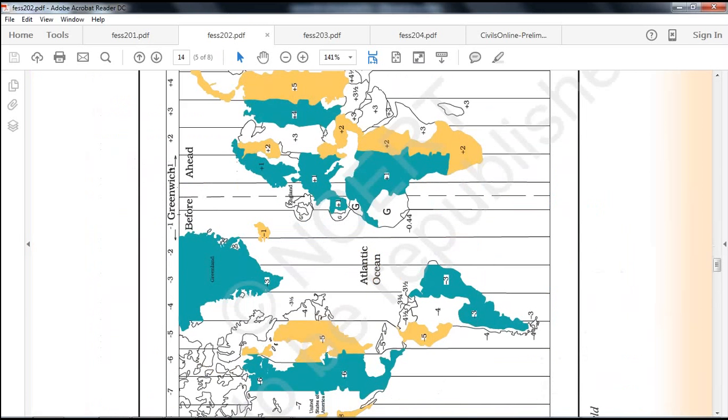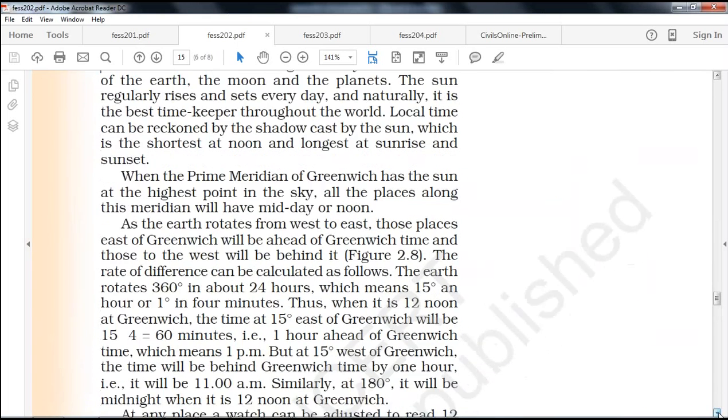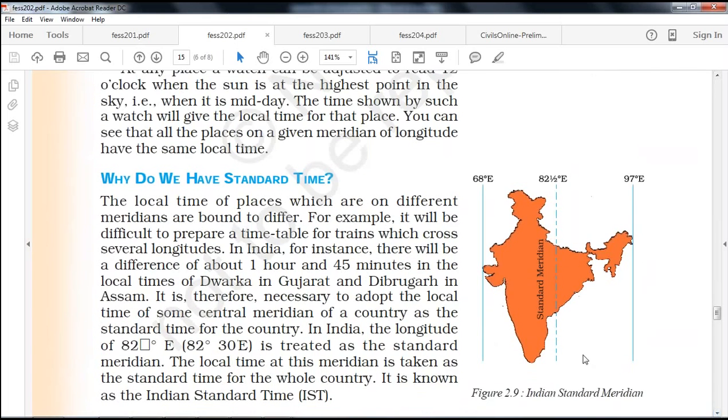Then we have time zones based on the meridians, that is longitudes of different countries. And for India, we realized what the standard time is. The longitude passing through 82.5 degrees east is taken as the standard time for India.